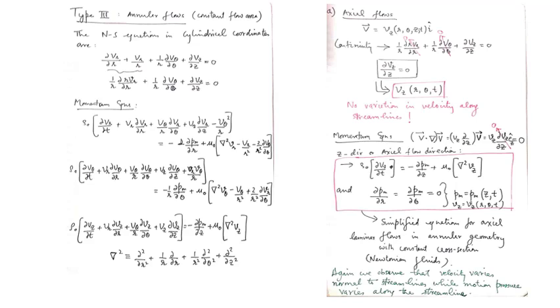Now the first category is of course for annular flows, constant flow area, because the annular area is constant along the flow direction.